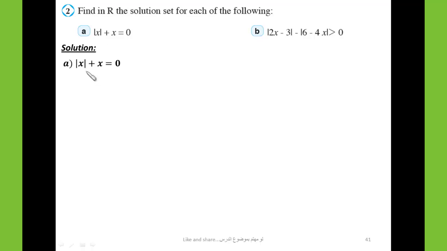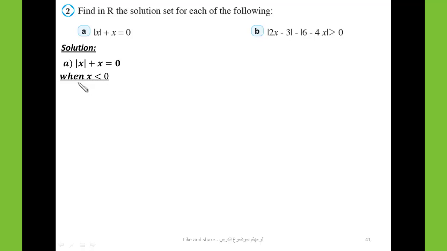We write it again: absolute of x plus x equals 0, and we redefine the function according to the values of absolute of x. Absolute of x equals negative x when x is less than 0.